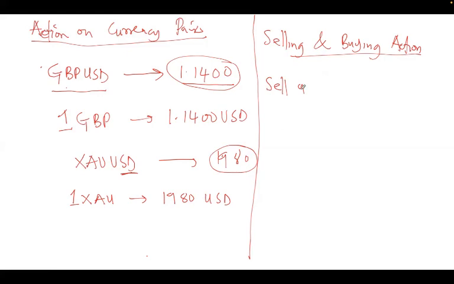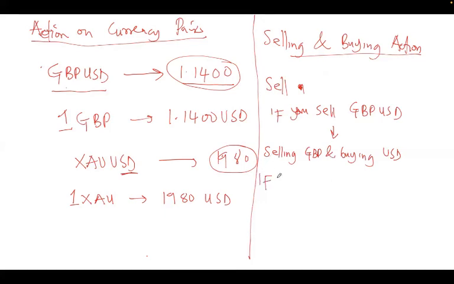So if you sell GBPUSD, this means that you're selling GBP and buying USD. That's what it means.